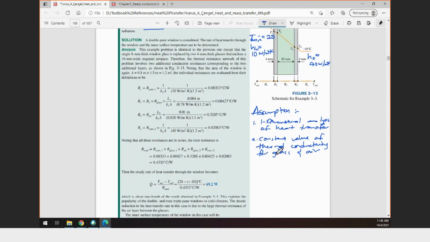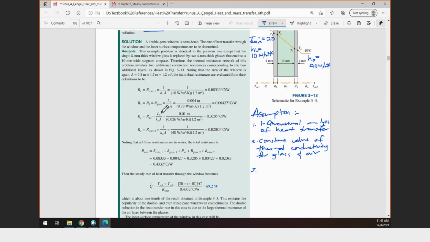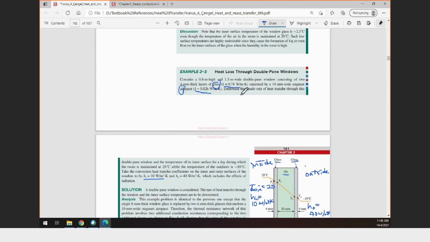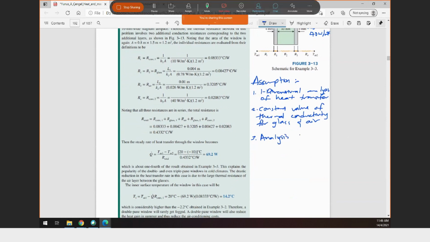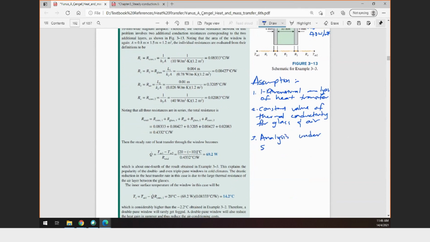Once you know the K value, what else? The assumptions. I think there are some terms here that you can find from the problem. This one, the steady rate, meaning this problem is analysis under steady state condition.